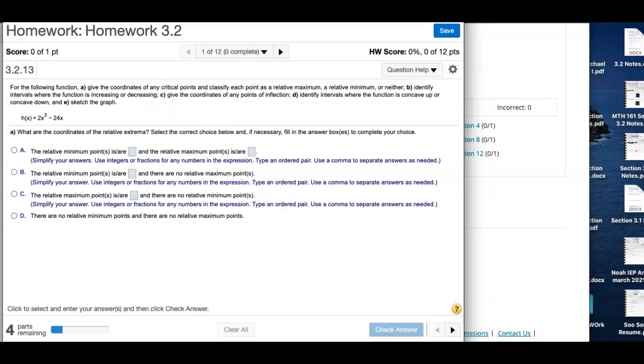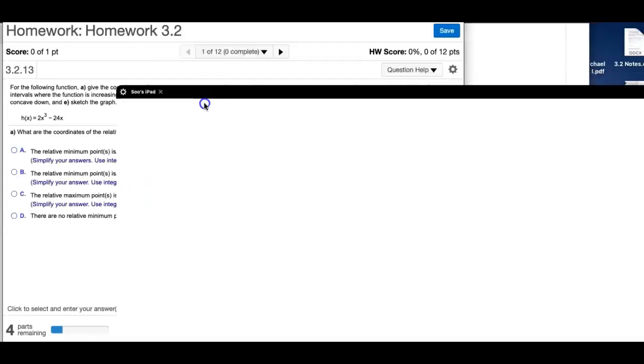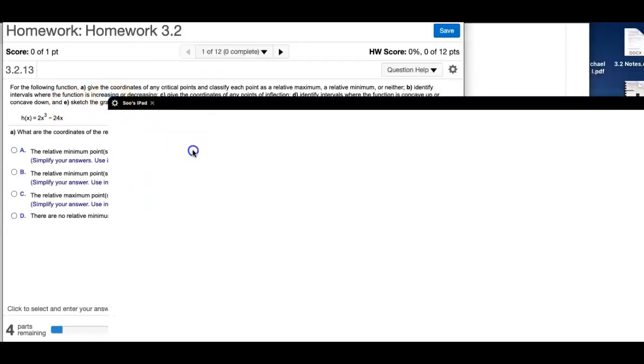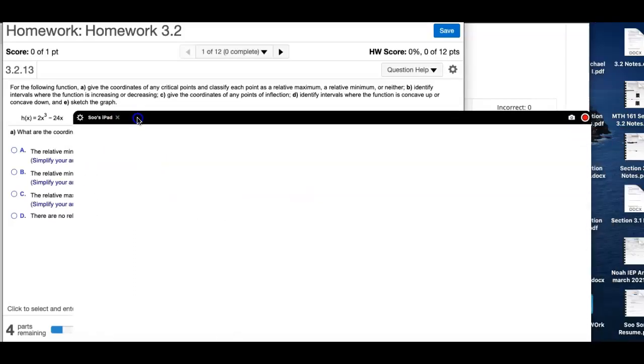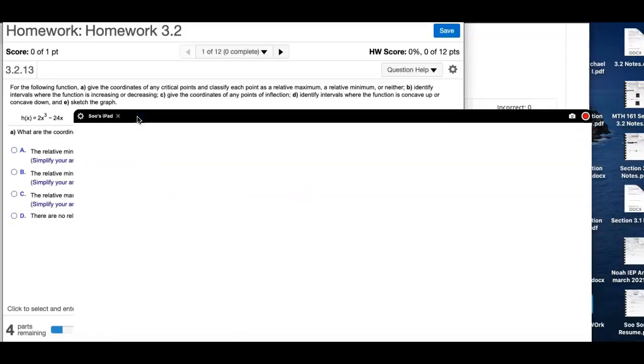So let me turn on my notepad so that I can write some work. Okay. So critical points. I need to find the first derivative.